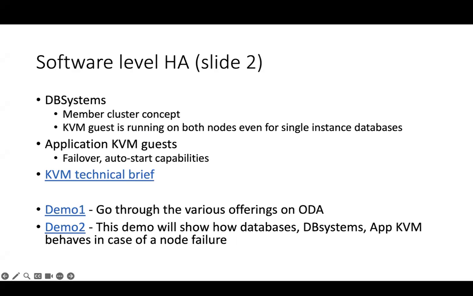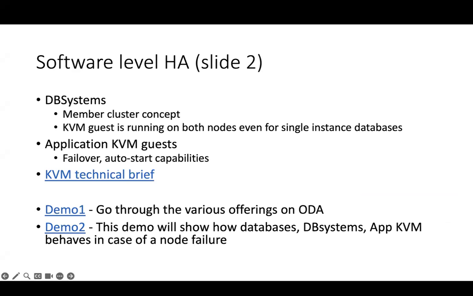So in the current implementation, it's enough to start the database in case of a single instance database failure on the surviving node, and that's usually a pretty quick operation. We just start the instance, do the instance recovery, and the database is available for your application.